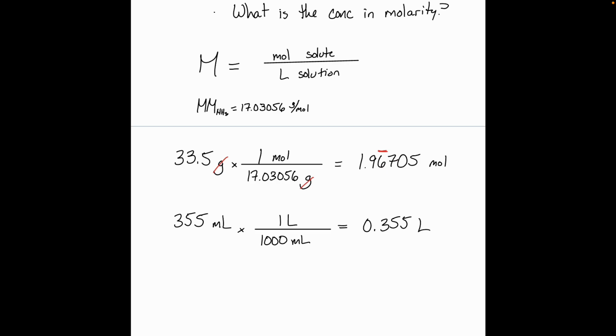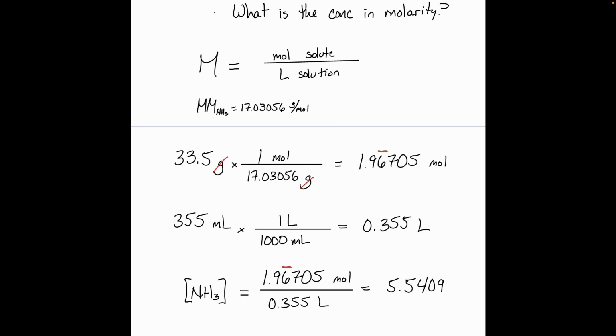All right, so then in order to get my concentration, and remember we use this bracket notation for concentration and molarity, I'm going to take my moles of ammonia, and divide it by my liters of solution. And I get 5.5409. Big M, right? Moles per liter.